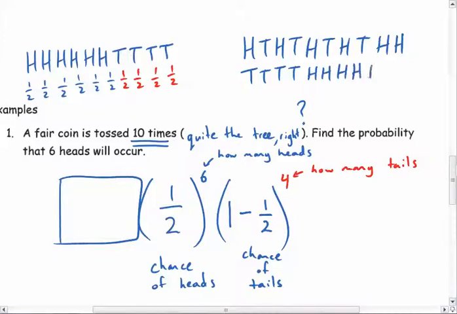So there are many ways. I need to write a number at the beginning for how many ways I can get 6 heads and 4 tails. That's out of 10 spaces, and I'm trying to choose 6 of them to be heads.